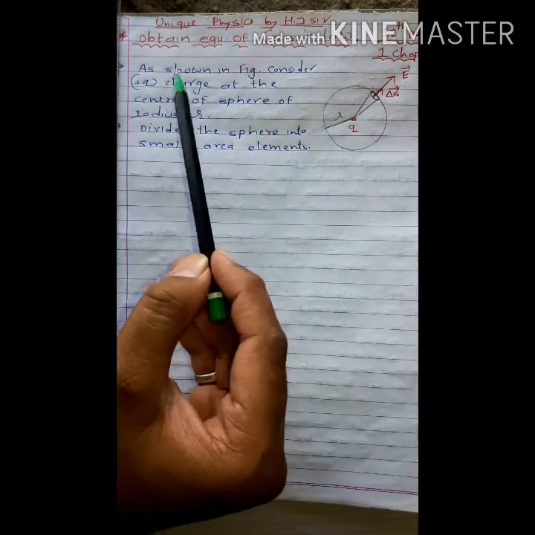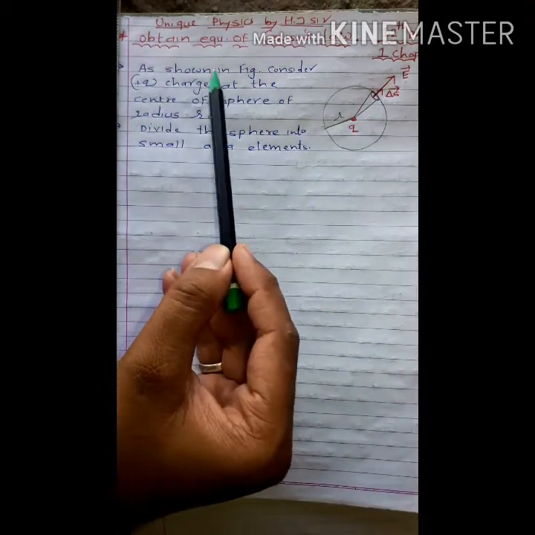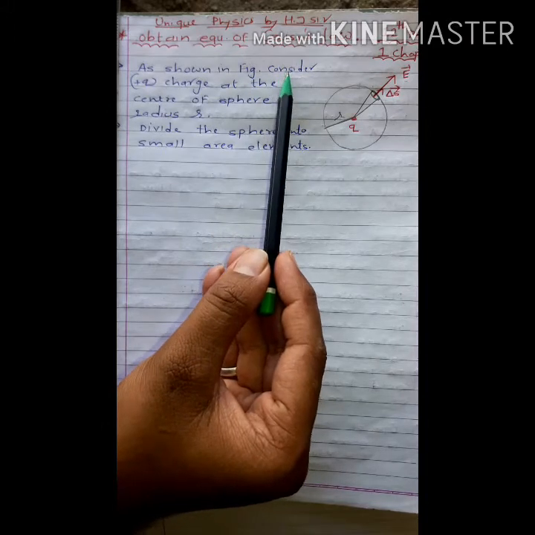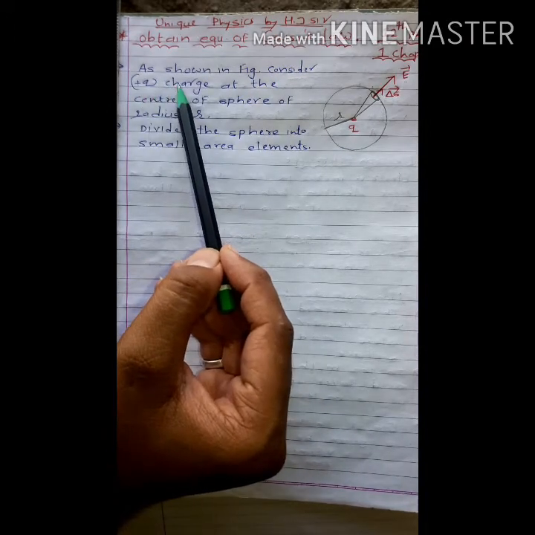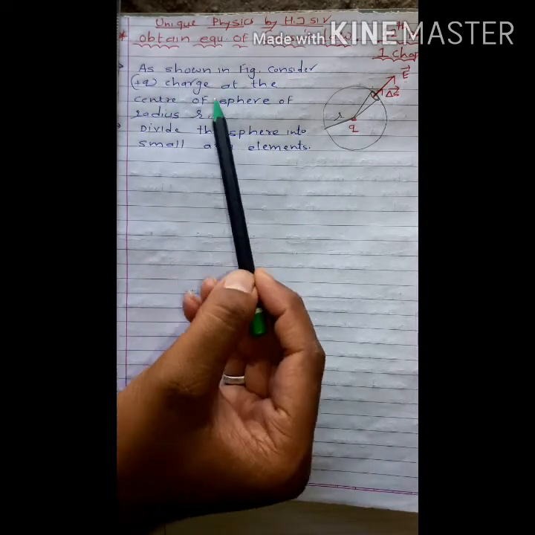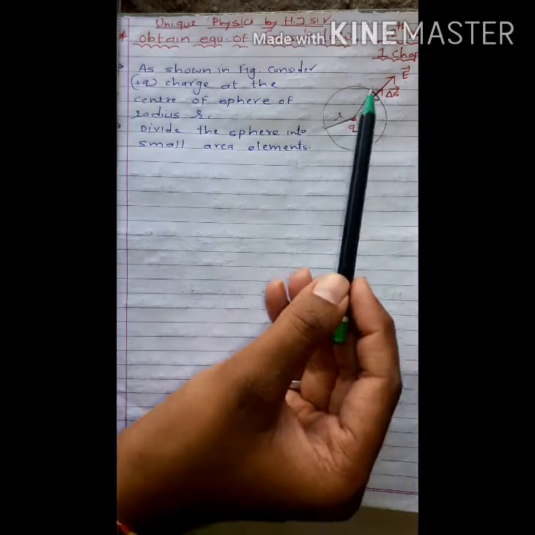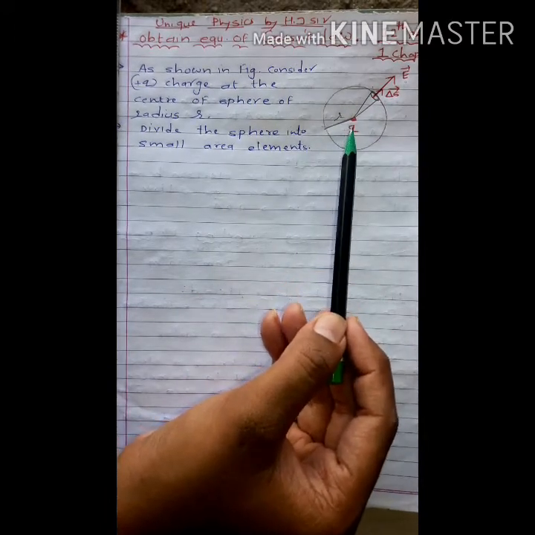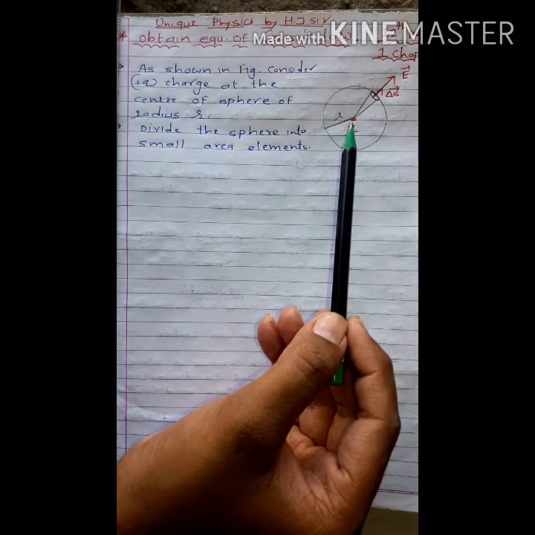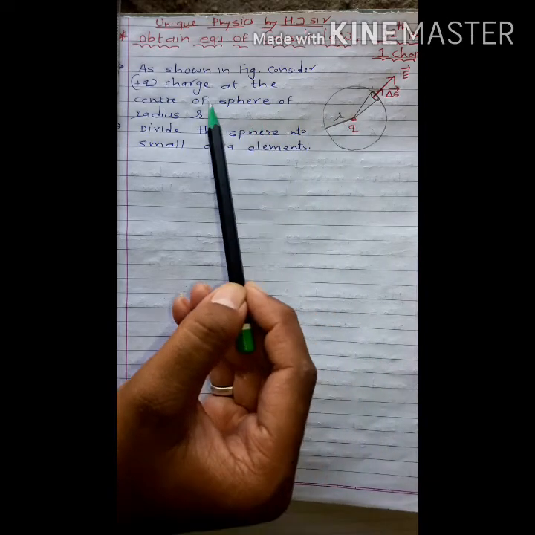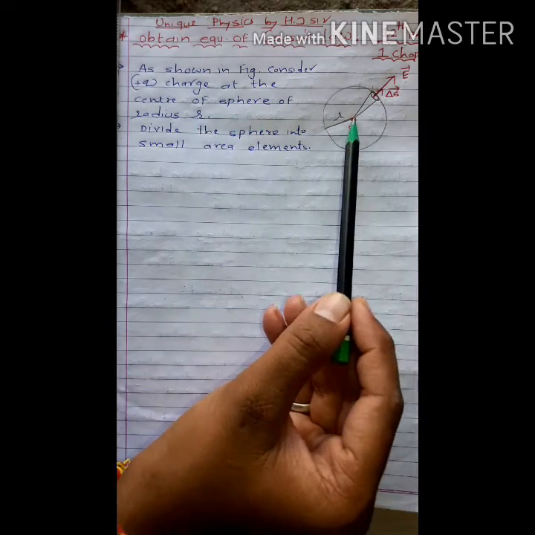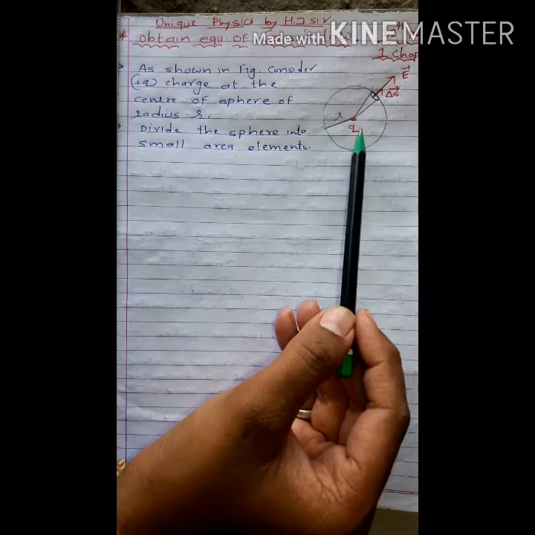Description of the figure: as shown in the figure, consider plus q charge at the center of a sphere of radius small r.